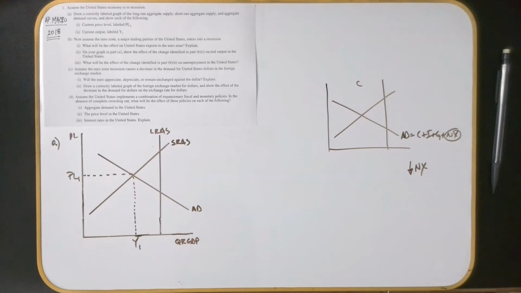So part B1 says, what will the effect be on the United States exports to the Eurozone? Explain. So let's see, I think we can fit this in down here. For B1, we're going to say exports will decrease.